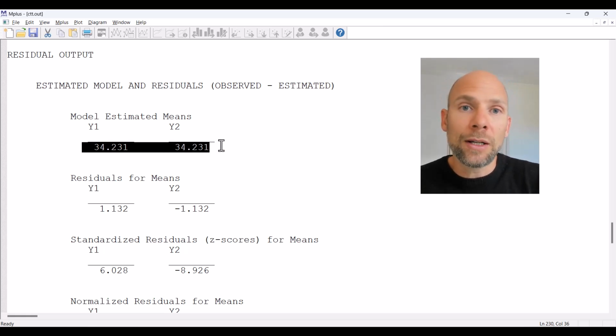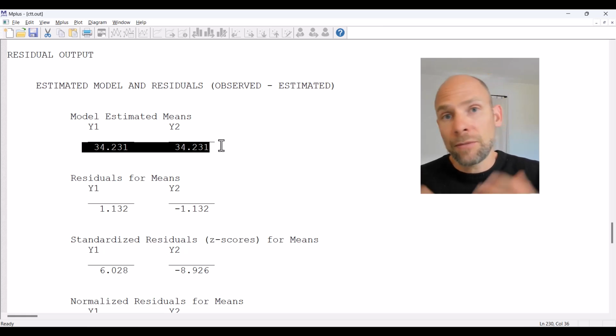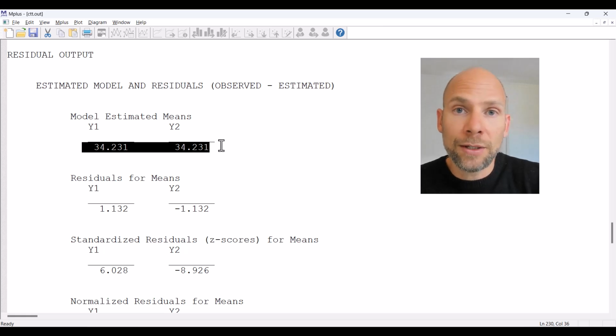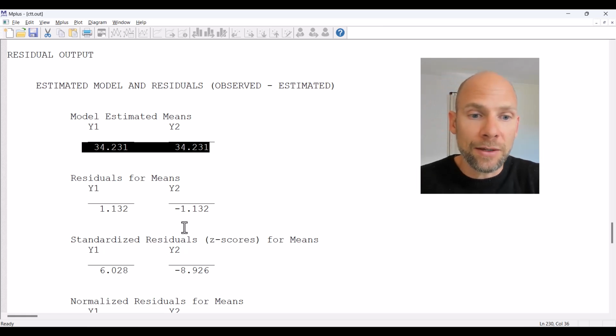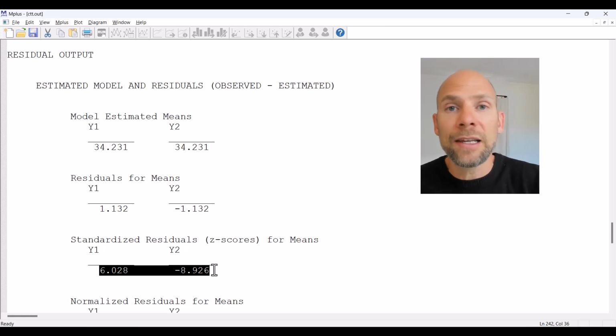So under the model, the means have to be equal, yet in our data, we saw the means were not equal. And the question is whether this inequality of the means is due to sampling error alone, or whether there is a significant difference between the means. You can see that the standardized residuals for the means here are fairly large. Those are z-scores, and one z-score is about 6, the other one is -9.